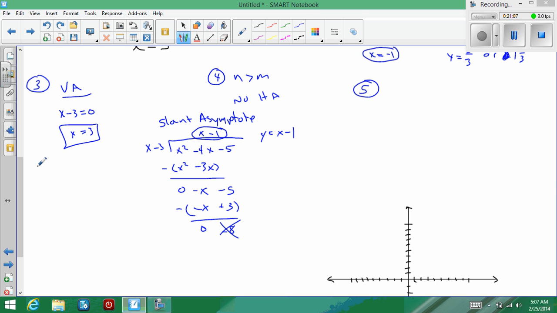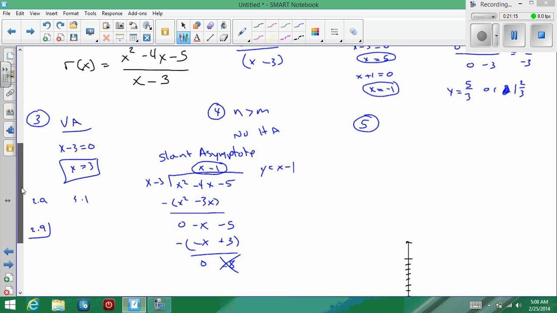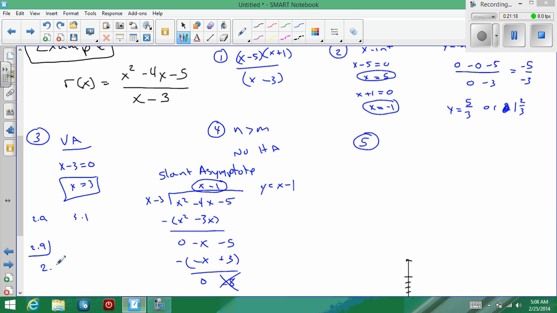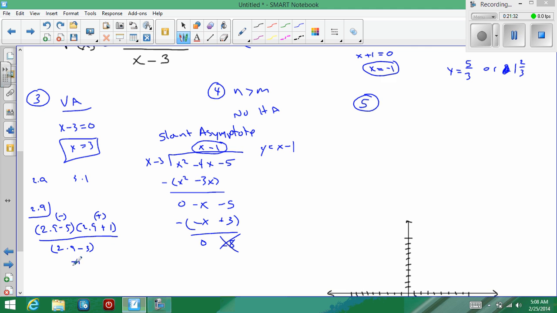I also need to test the values of 2.9 and 3.1. When I plug in 2.9, I am going to get 2.9 minus 5, which is a negative number, 2.9 plus 1, which is a positive number, and 2.9 minus 3, which is a negative number. So two negatives make a positive.